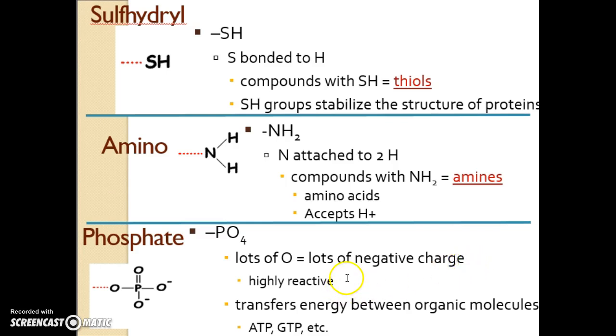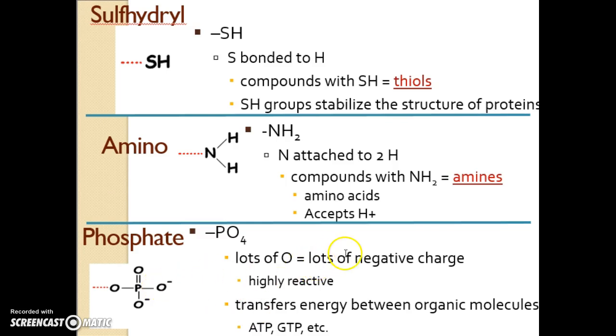So this is a highly reactive functional group. It's a portion of ATP, which is adenosine triphosphate. So it has actually 3 of these phosphate groups. GTP is another energy storage molecule, which again has phosphate in it.